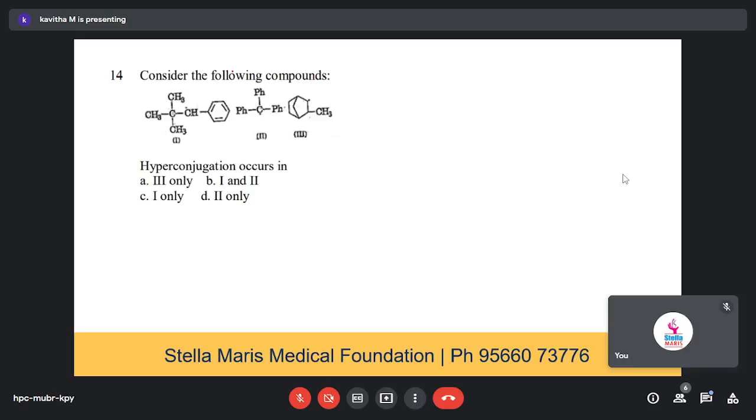A double bond followed by a neighboring... that is, interaction of the pi orbital with the neighboring CH sigma bond.